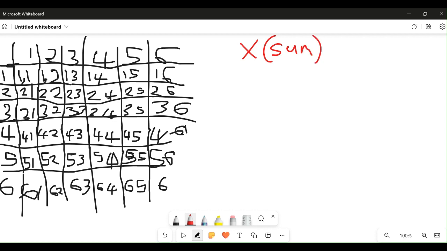Then here we have the probability of x. Right, the possible sums we can have here are these. We can have 1 and 1, that will give us 2.